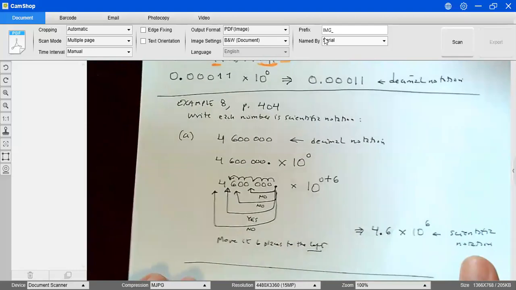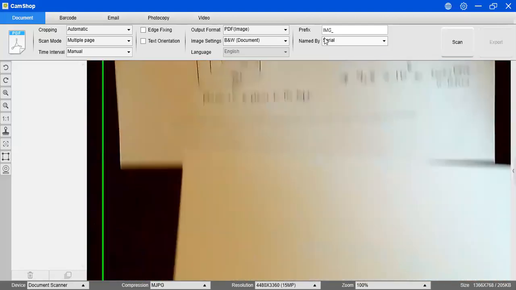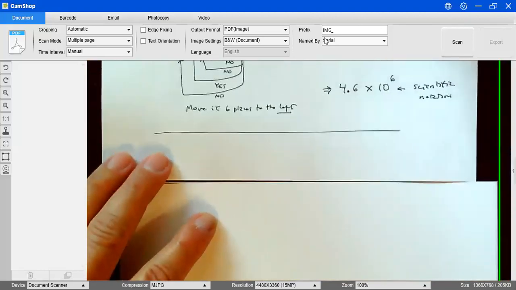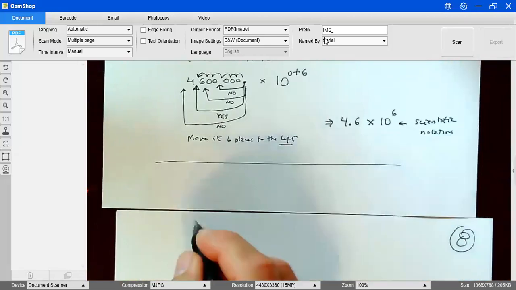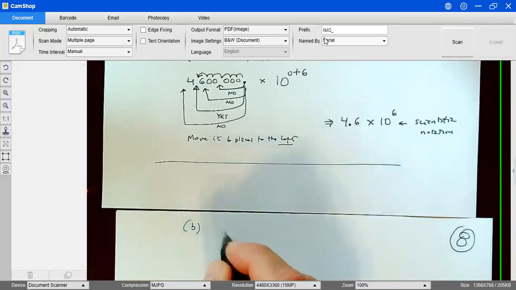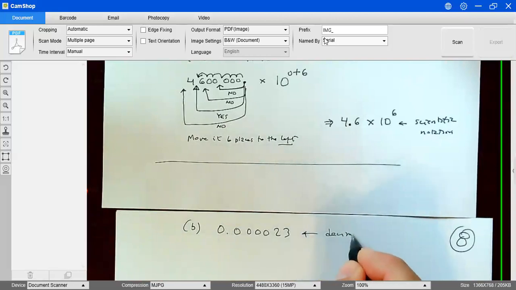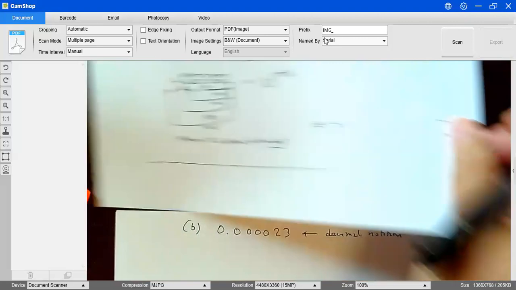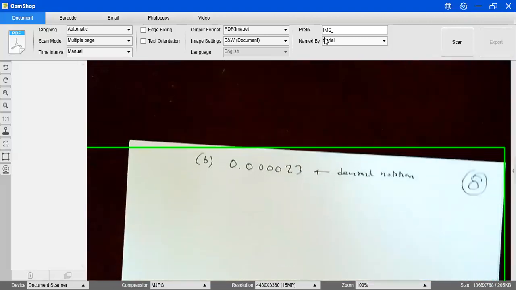So now let's work the second part of this example. So we're going to have part B. Now we're going to write 0.000023, which is in decimal notation. We need to write it into scientific notation.